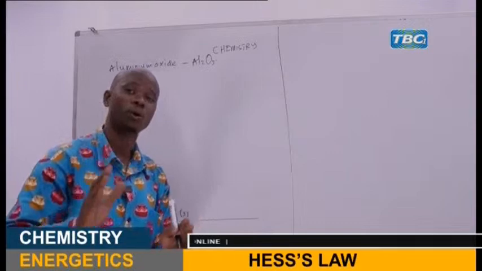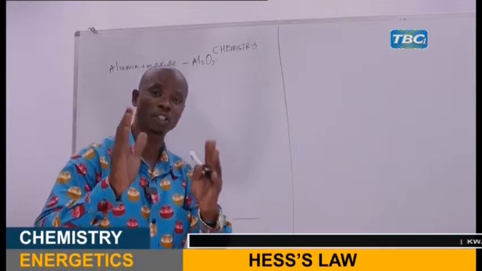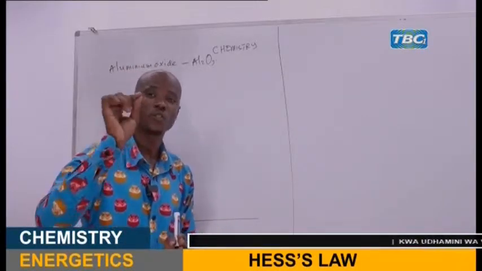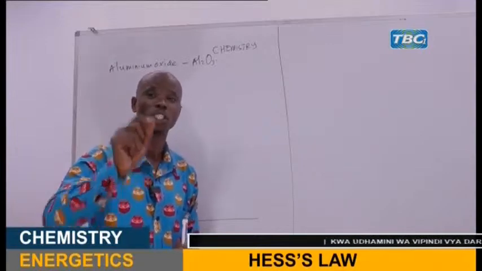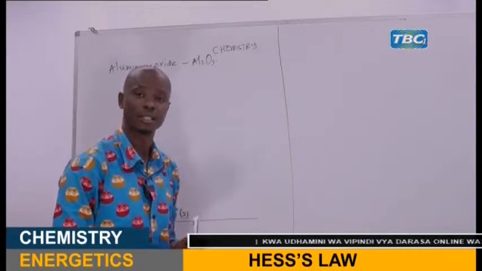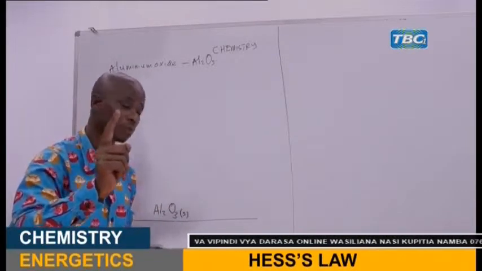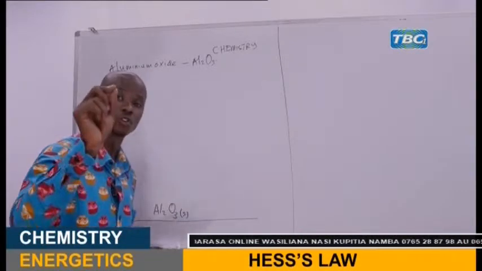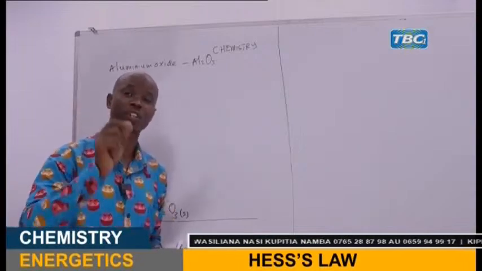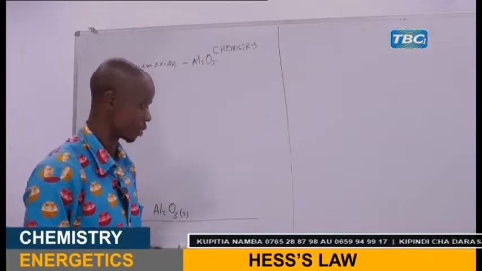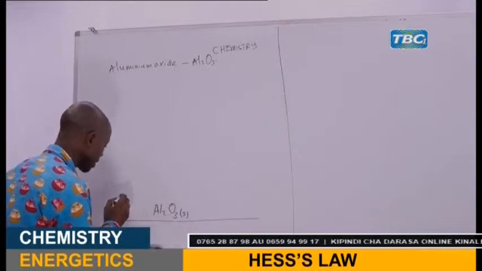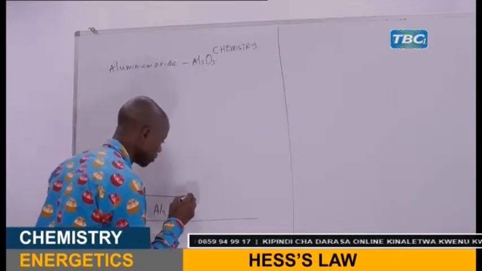But when we talk about enthalpy of formation, the formation of a compound, that means the elements which make that compound should be in the pure standard state. The pure standard state of aluminium is solid because it is a metal. The pure standard state of oxygen is a gas, a diatomic molecule, because it is a non-metal. So you write these elements at the top of this one.